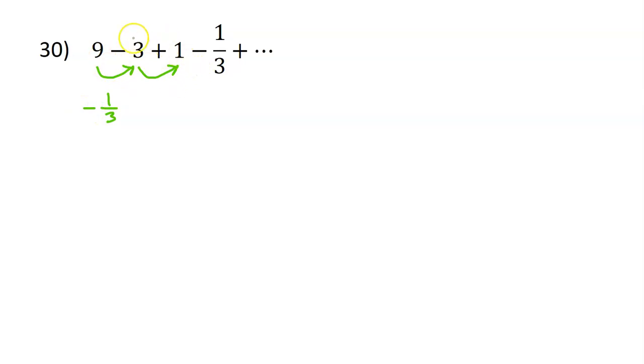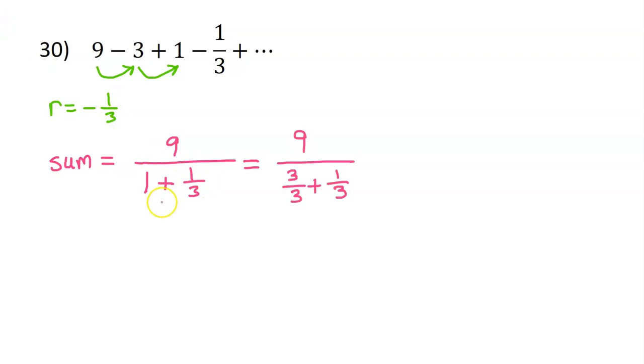When this happens, you know this is a geometric series, and the r value is whatever you're multiplying by, which in this case is negative 1/3. The sum of the infinite series will be the first term, which is 9, divided by 1 minus r. 1 minus negative 1/3 is 1 plus 1/3. 1 is 3 over 3, and 3 over 3 plus 1 over 3 is 4 over 3.